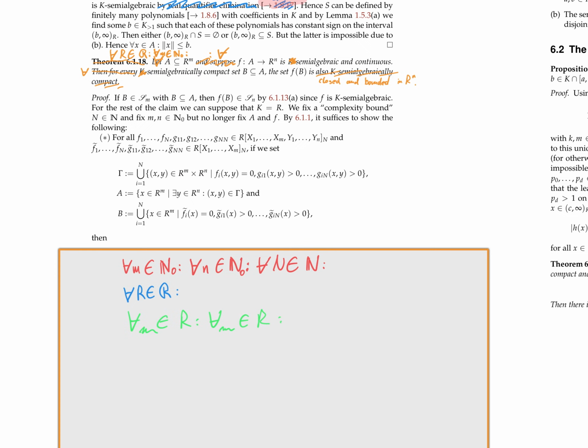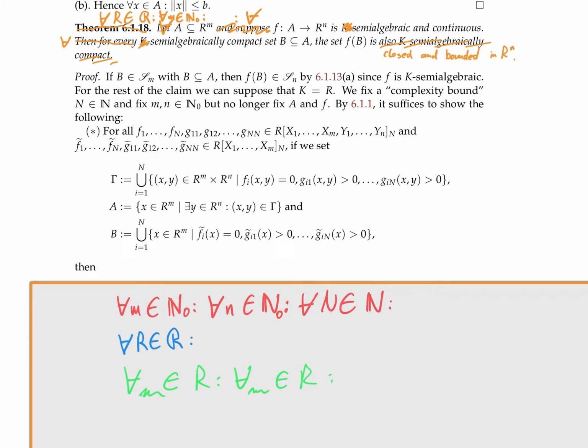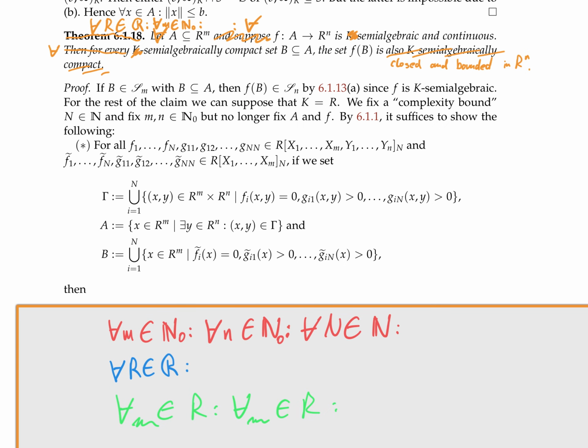So if we set this gamma to be this, and we set A to be the domain of this semi-algebraic map, and we set B to be the set defined by the tilde polynomials.